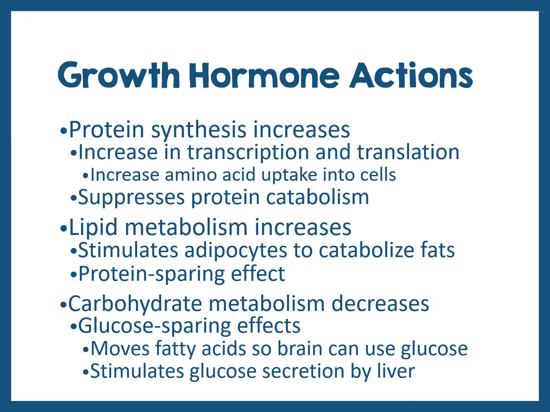So since proteins are made out of amino acids, that's going to cause the cells to increase amino acids from the environment around them. And because we're wanting to make proteins, that's also going to then suppress the breakdown of proteins in catabolism.